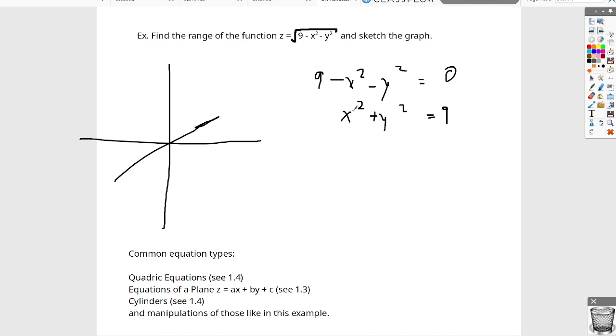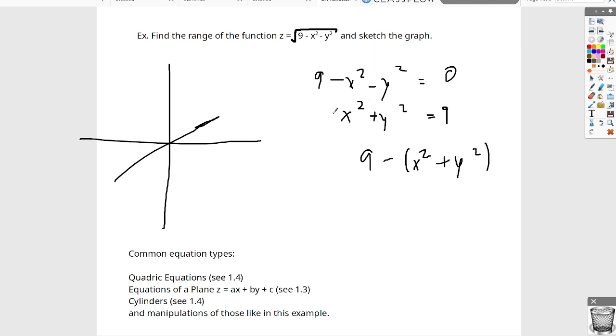So that's the area within which you have to be, because if x squared plus y squared is more than 9, then 9 minus x squared minus y squared will tip over and the number inside the square root will be negative.